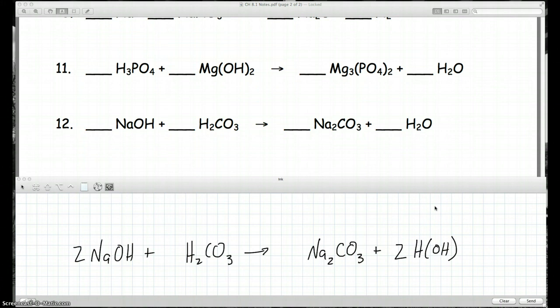But I got plenty of practice for you. If the practice quizzes and the videos aren't enough for you, again, stop in. I have additional paper examples that you can work on, and we can work on together on an off day or whatever. So that is it for balancing symbol equations.